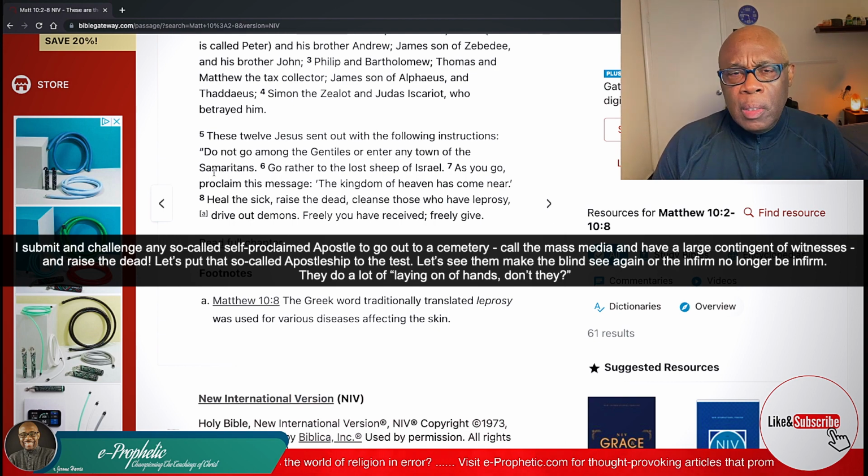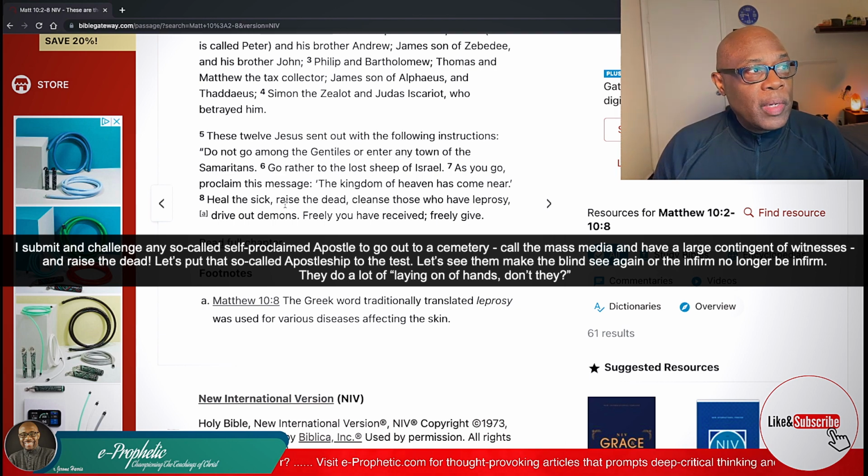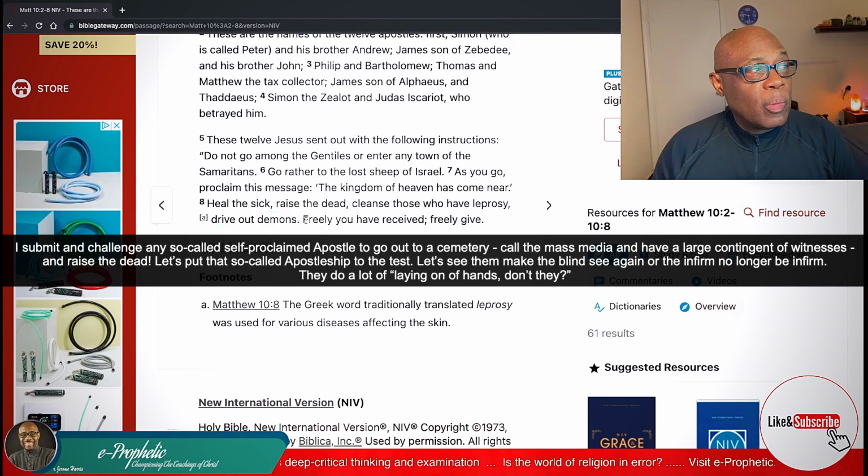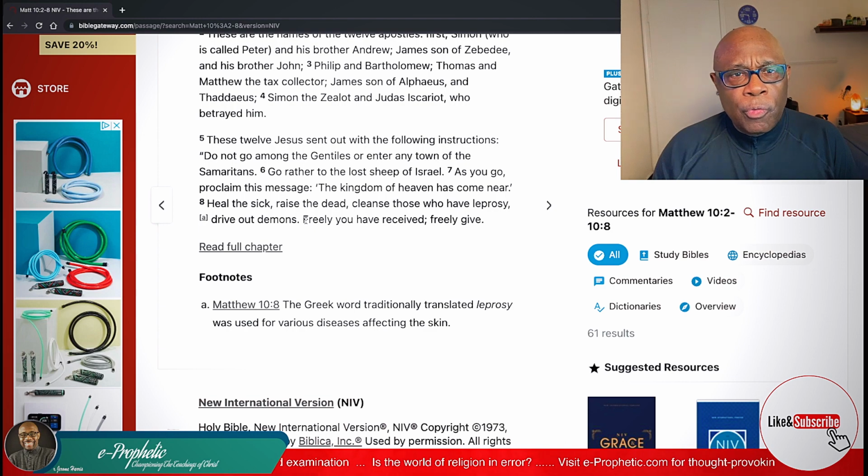Are people really being healed? And again, are they raising the dead? No, you're not seeing any of that. So that identifies them as false apostles. Are they cleansing those who have leprosy? No, they're not doing any of that. Now, they may make claims to driving out demons. These so-called services that they provide, are they doing them for free?